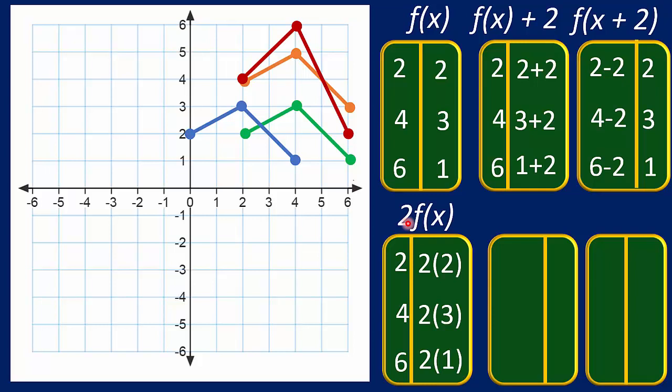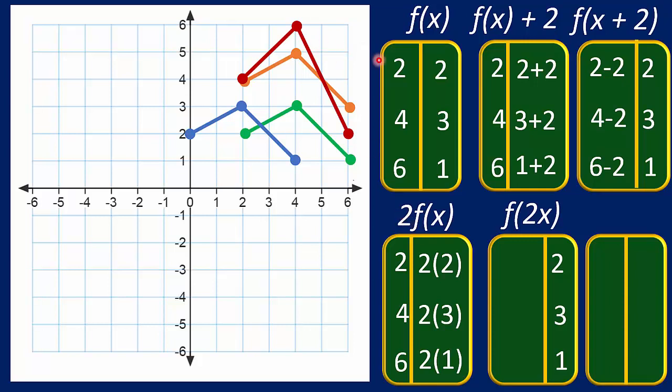Now, let's look at another one. Let's suppose that the 2 is on the inside of the function, like this, f(2x). Now, let's suppose we want to keep the y's the same. How do we compensate for the fact that every time we put an x in there, we're multiplying by 2?